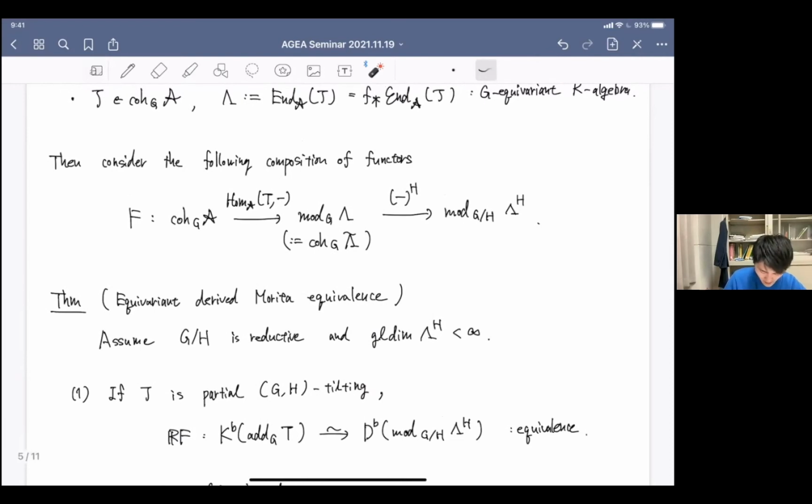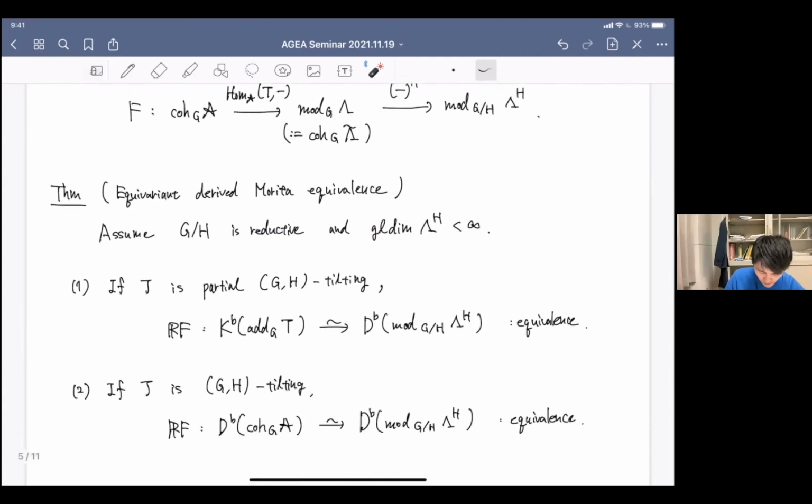The first claim is that if T is partial GH tilting, then the right derived functor of F defines an equivalence between the bounded homotopy category of add GT and the bounded derived category of finite degenerated modules over lambda H, which is G over H equivariant. So this is the first statement.